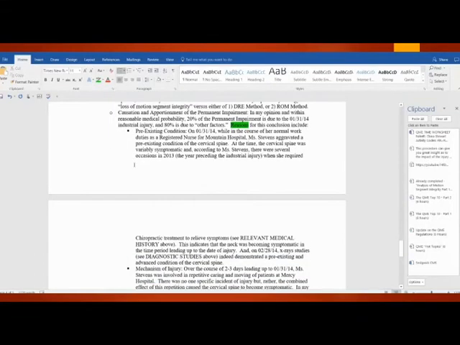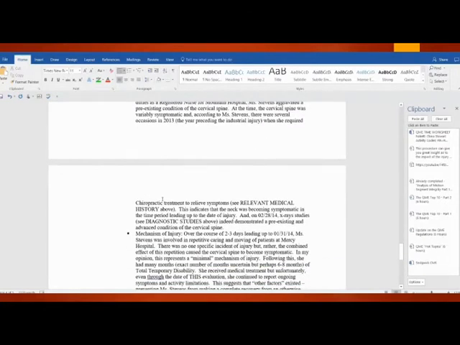So here's some reasons. Number 1, she has a pre-existing condition. On 1/31/14, while in the course of her normal work duties as a registered nurse, Ms. Stevens aggravated a pre-existing condition of the spine. At the time, the cervical spine was variably symptomatic, and according to Mrs. Stevens, there were several occasions in the year preceding the industrial injury when she required chiropractic treatment to relieve neck pain symptoms.